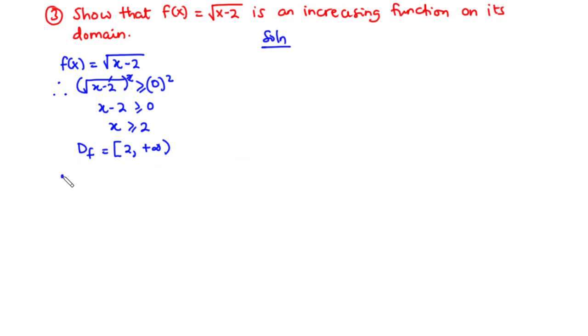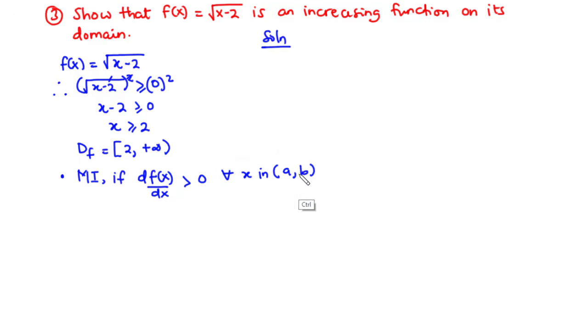Now, to show that this function is an increasing function, we say that a function is said to be monotonically increasing if the first derivative of the function is greater than 0 for all x in the open interval.